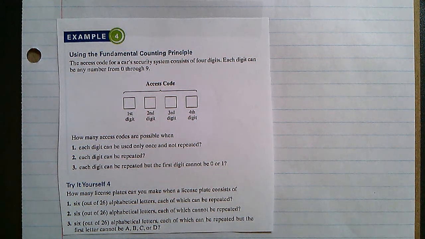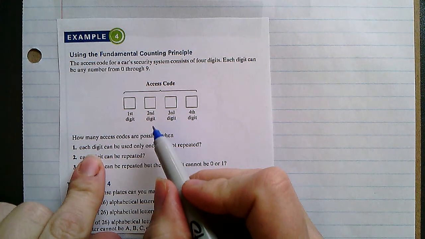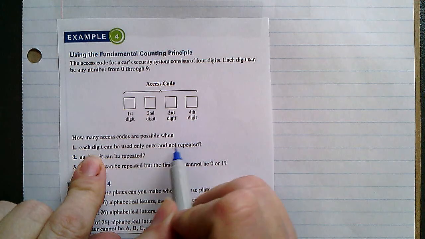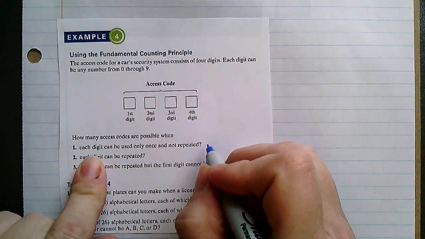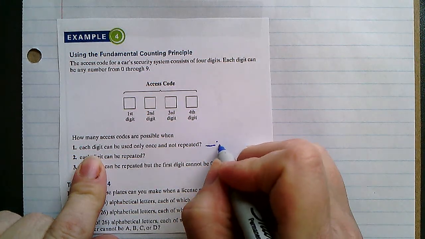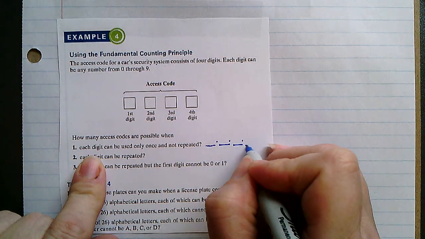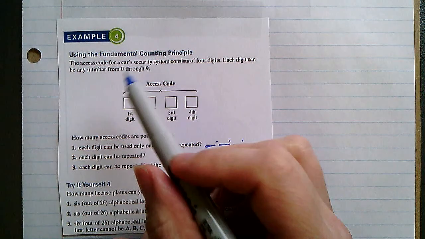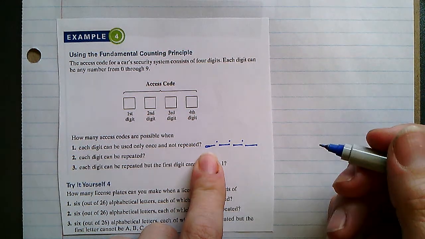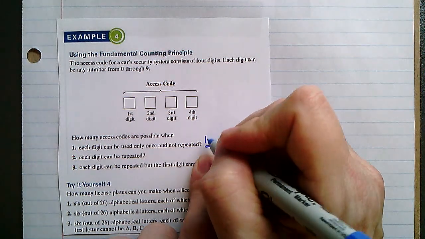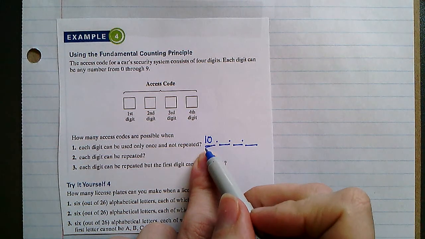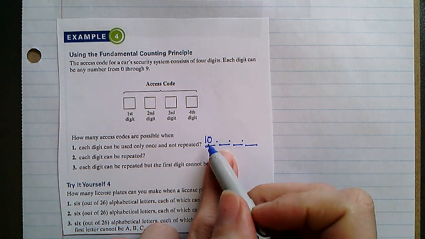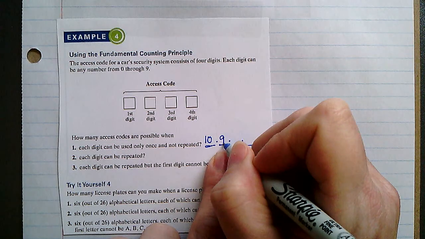On number 1, we want to know how many different access codes are possible when each digit can be used only once and not repeated. So I'm going to have 4 decisions to make. For the first digit, it can be any number from 0 through 9. So that means that I have 10 different choices for that first digit. But now since I can't repeat, on my second digit, instead of having 10 choices, now I have 9 choices.